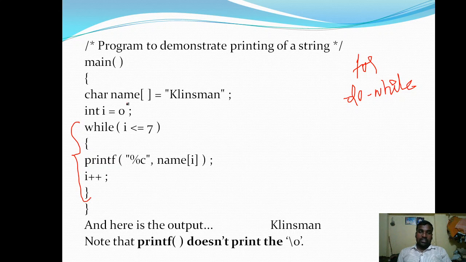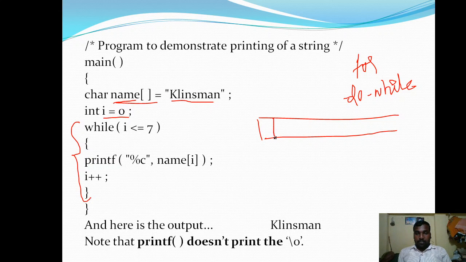After declaring the main function, here I am declaring a character variable with the name, and Klinsmann is the string I am going to store in that particular array name. And I am initializing a temporary variable i with value 0. As we know, name is a single dimensional array, and the values stored in it can be accessed with the help of an index value.